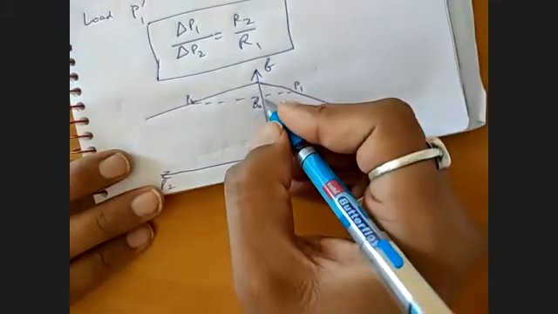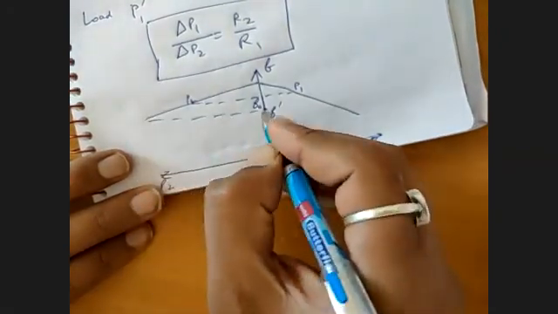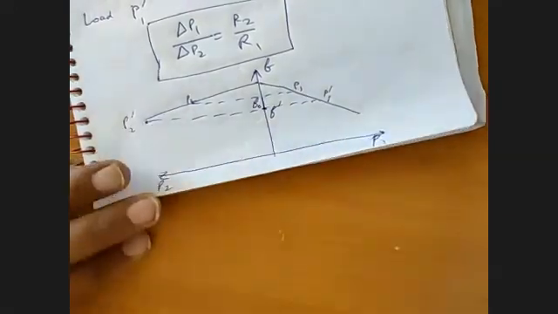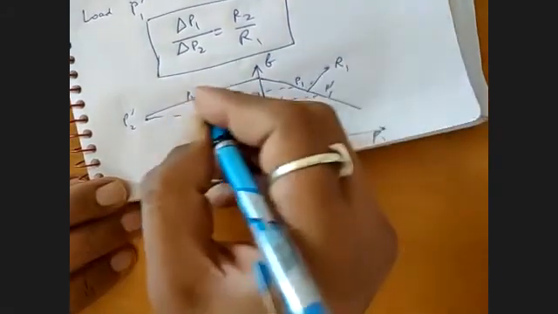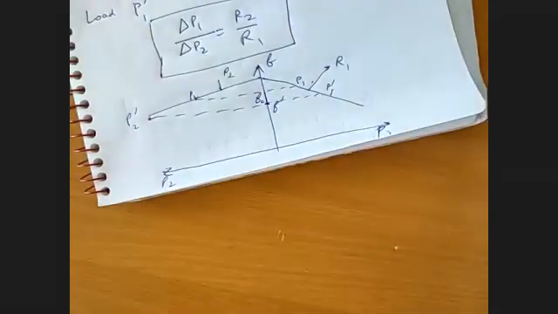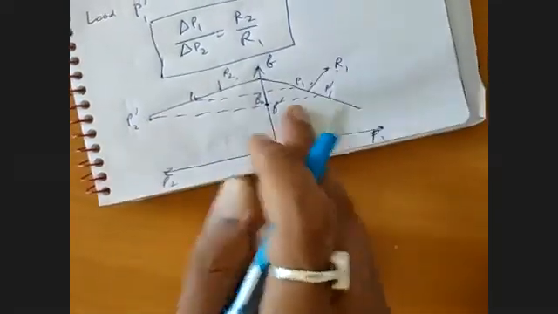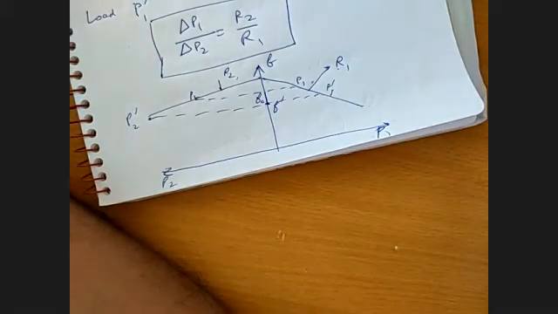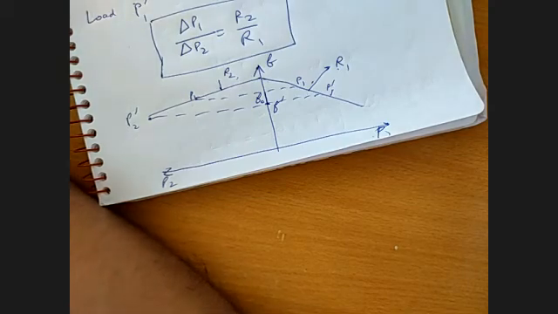Now there is a change from F naught to F dash, so your power output will change to P1 dash and P2 dash, depending on R1 and R2, the slope of this R1 and the slope of this R2. If they have the same characteristic, there will be the same change in the power of these units. And if there are different characteristics, their output will change according to your characteristic value, that is R.